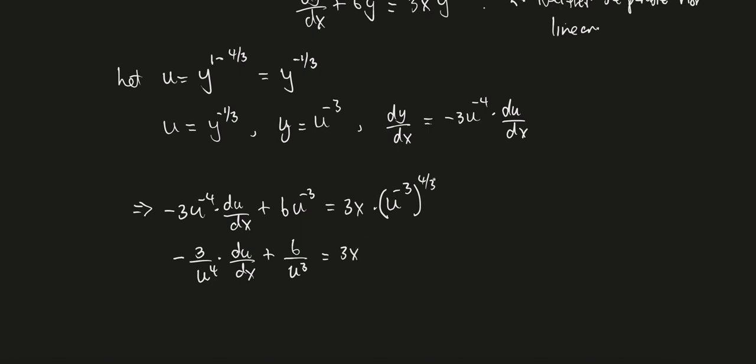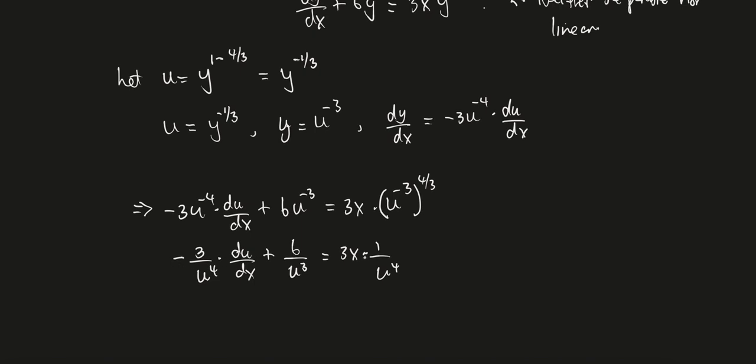Now here, using another property of exponents, we'll have u to the -3, and I multiply the -3 and the 4/3, so that gives me u to the -4, which I can write as 1 over u to the 4th. So we're pretty close.